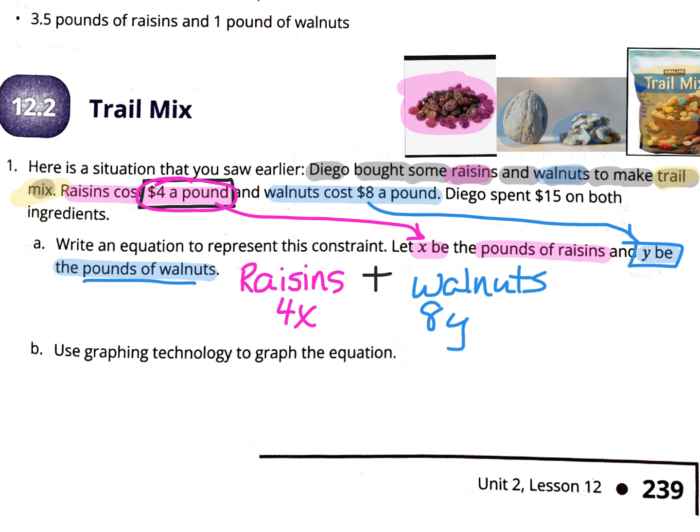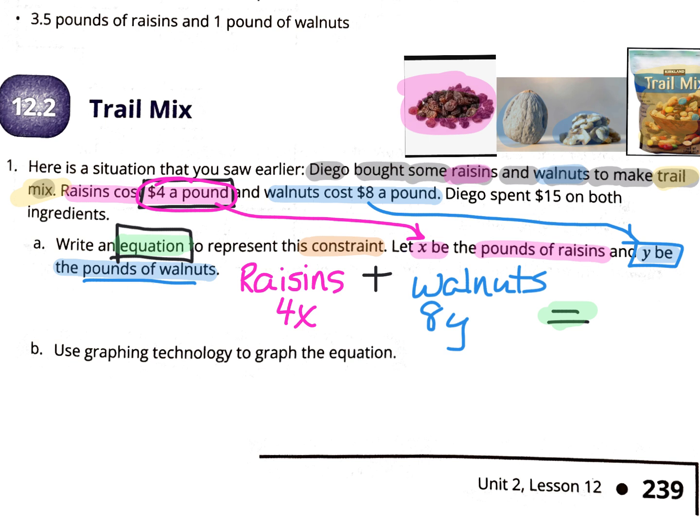They also tell us that they want it to be an equation, and we know that equations have to have an equal sign. And then finally, they use this word that we may not have seen before, the word constraint. I'm talking about this word right here. A constraint is just another word for a limit.